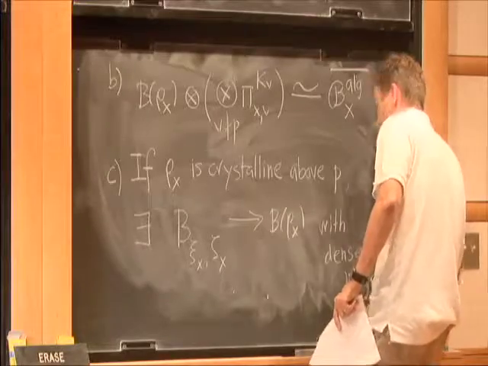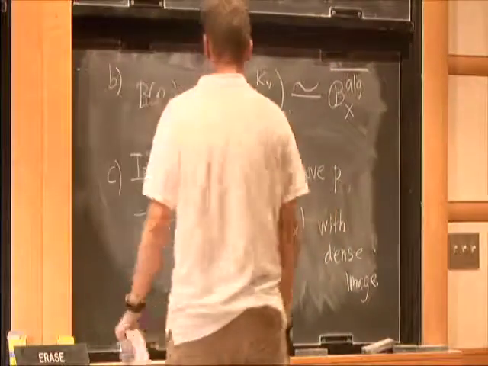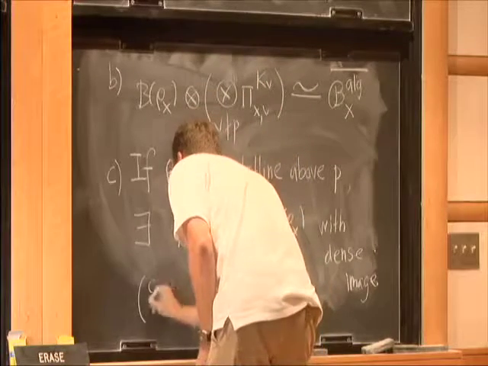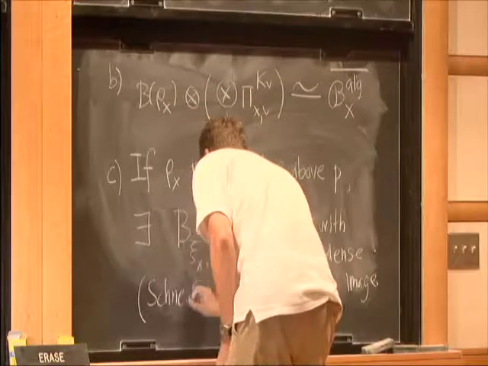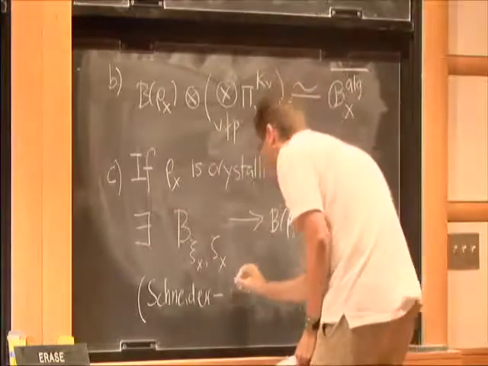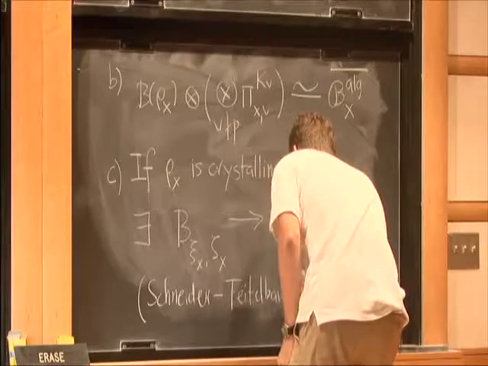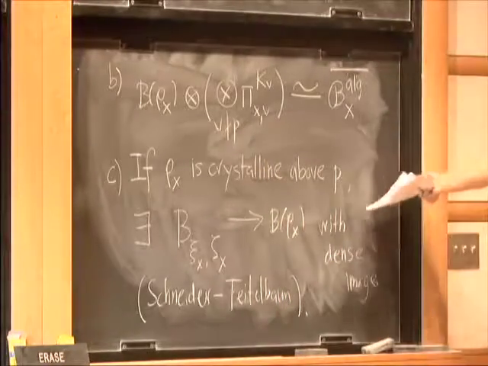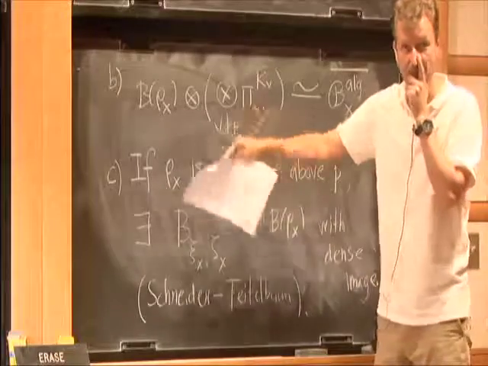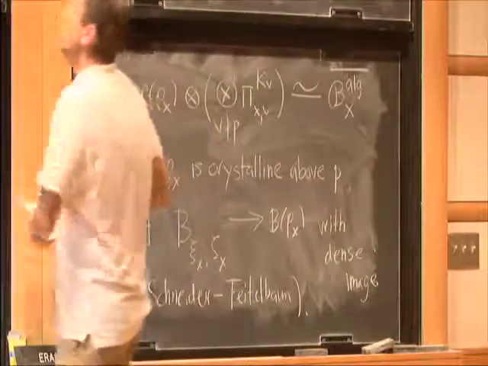Well, I don't really have time to define this in detail, but this is the coarse p-adic Langlands of Schneider and Teitelbaum, which only depends on the restriction to p. Okay? So in particular, it implies that this guy is non-zero, which was conjectured by Schneider and Teitelbaum. Okay?